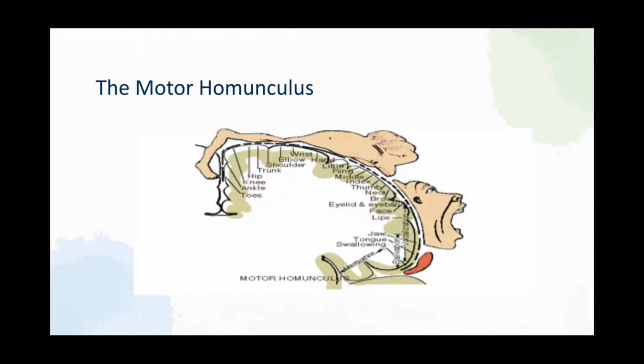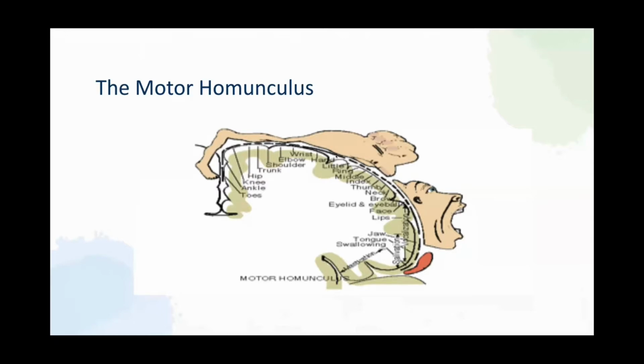Your hands are here, and then your legs are here. So it goes from superior in your body to inferior, going down to the medial side. And you will notice that here the hand is really big. Why? Because it has more fine motor movement, so its representation is bigger because it has more neurons than the leg, for example. The face is the same, because many neurons are sent to the face.